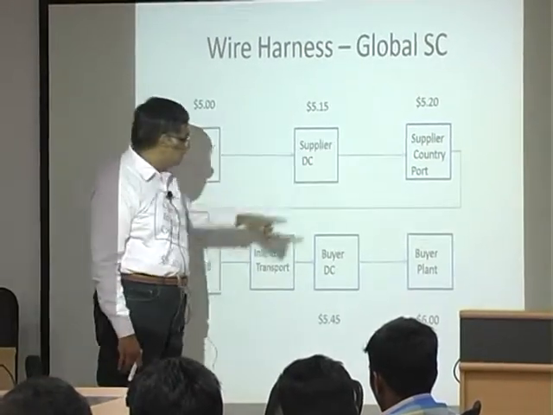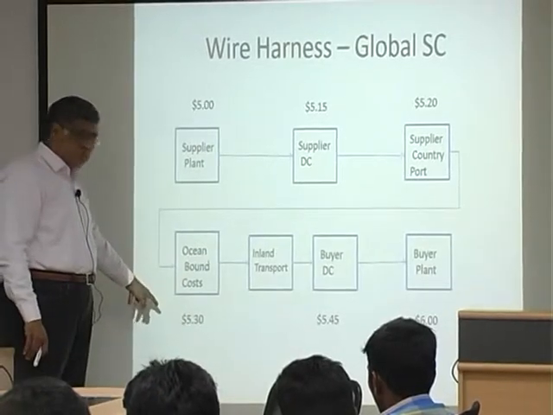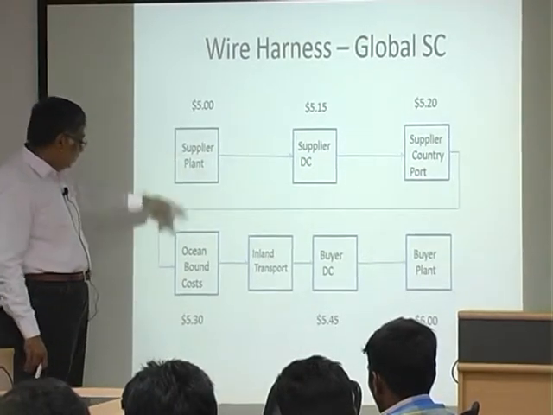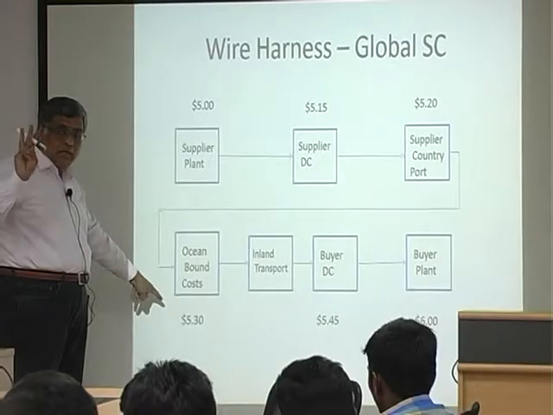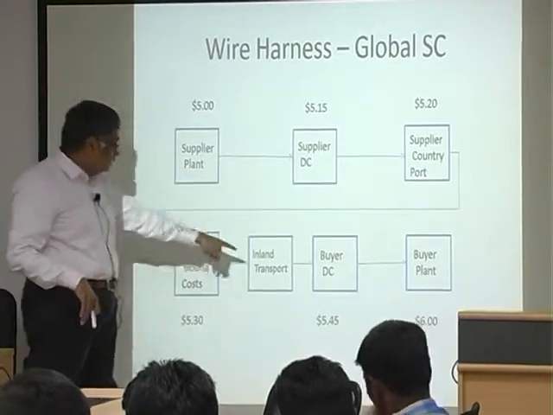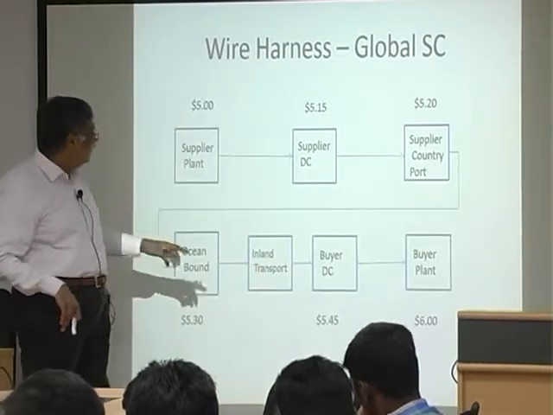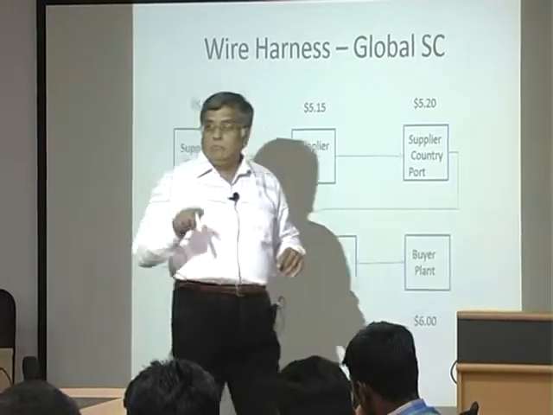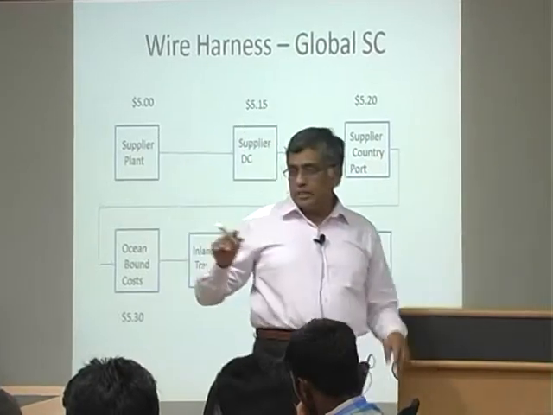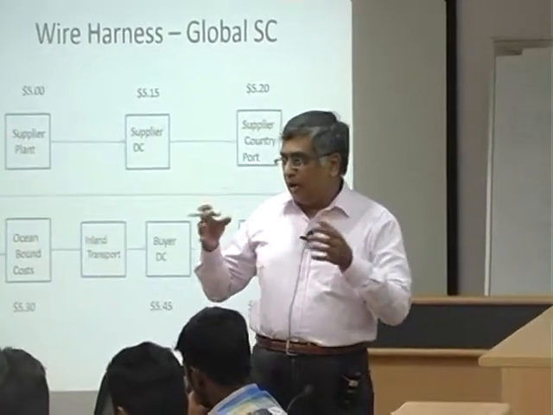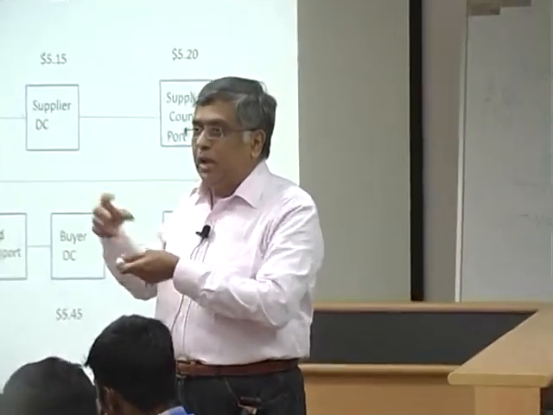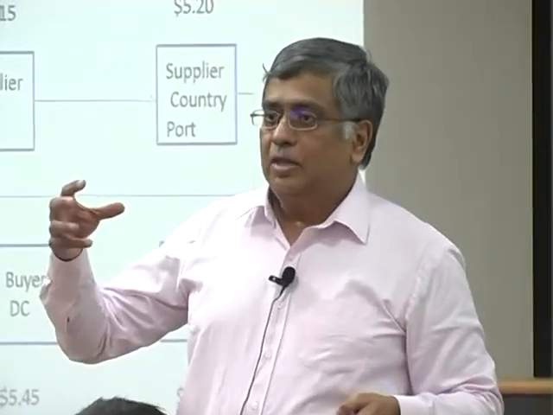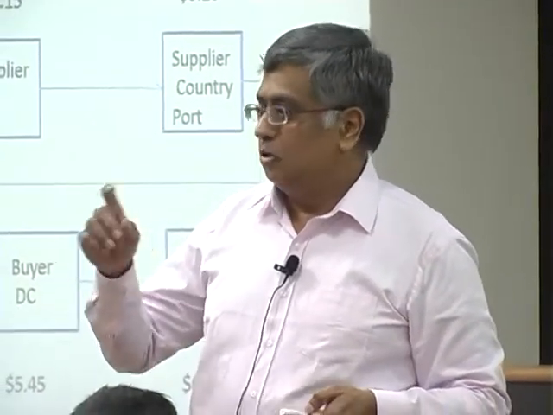So $5.20. It comes to the US port, having gone from $5 to $5.30, so an added value of 30 cents. Then to the buyer distribution center, $5.45. That means when it comes to the plant, there is a net added value of $1, from 5 to 6. Does that make sense? This is the value added.